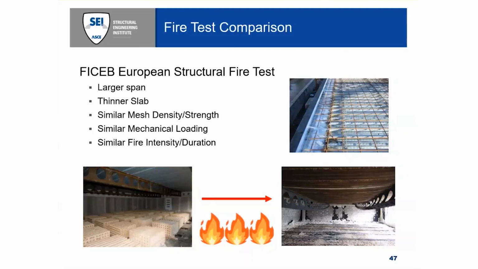And you can see at the top right, that's pretty much what our welded wire mesh would look like, because they had almost the exact same sizing of the mesh that we chose. And you can see in the bottom right corner that the secondary members undergo lateral torsional buckling, and they become pretty much ineffective at resisting load. But the system as a whole is robust under fire, and there's no collapse.